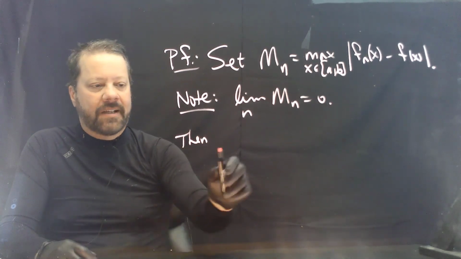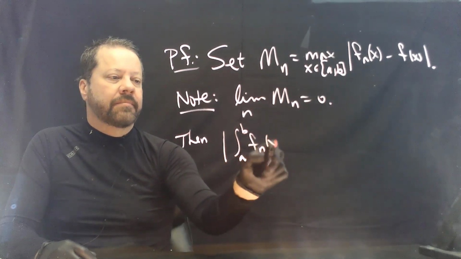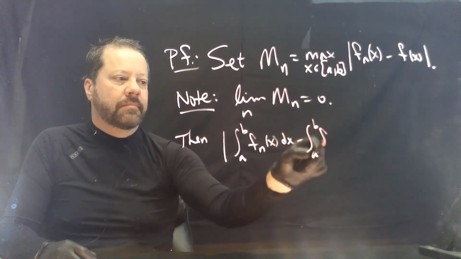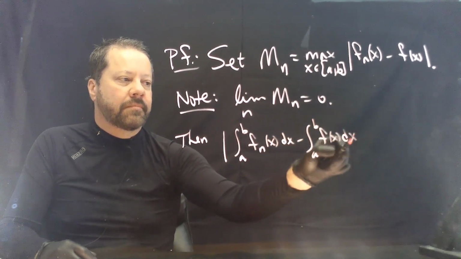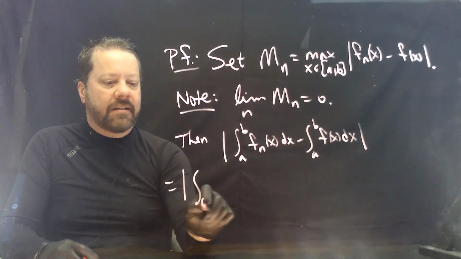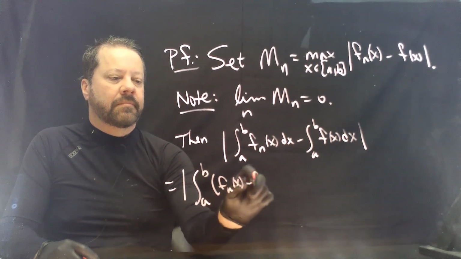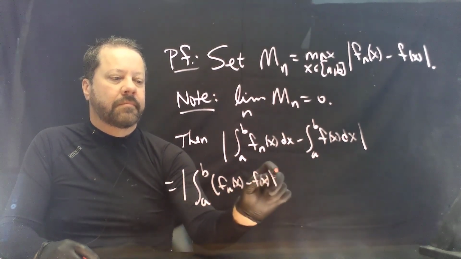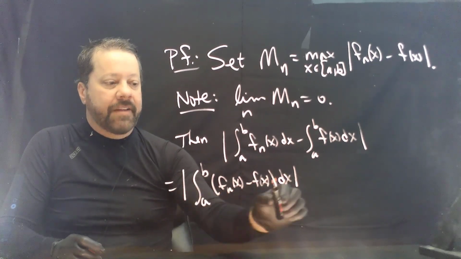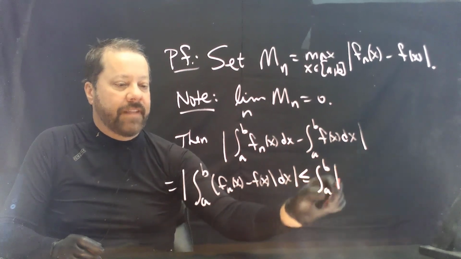So now let's look at the difference of the integrals, which you can, of course, write as a single integral. Now the absolute value of the integral is less than or equal to the integral of the absolute value.